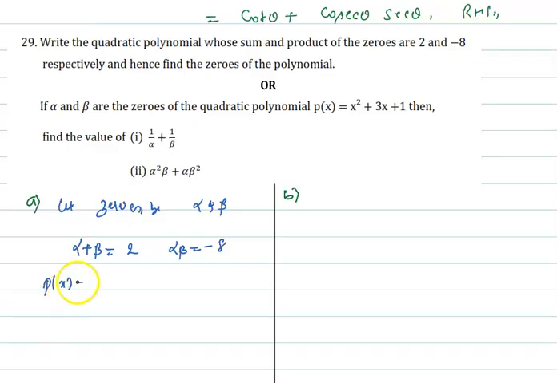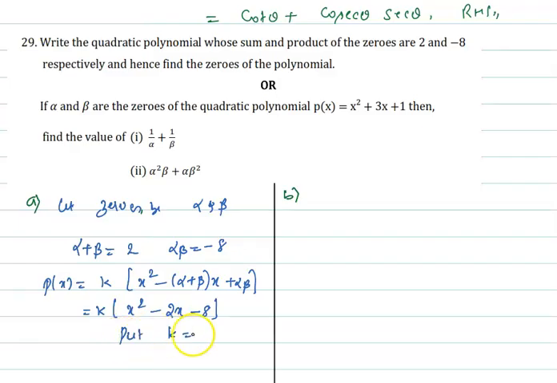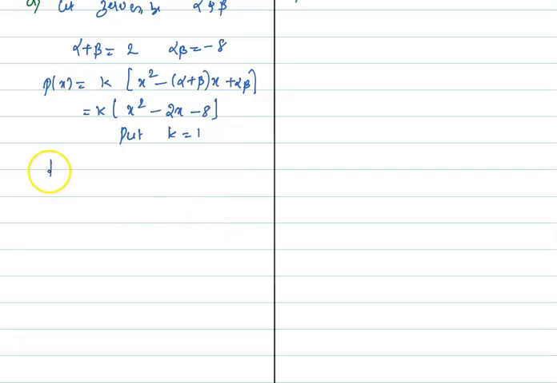First I would like to find the polynomial. Polynomial is k times x square minus (alpha plus beta) x plus alpha beta, which is k times x square minus 2x minus 8. Put k equal to 1. So we get the polynomial p of x as x square minus 2x minus 8.